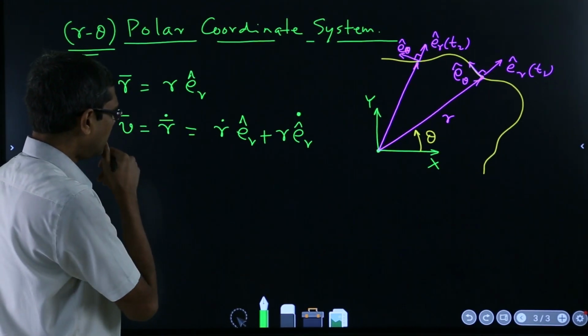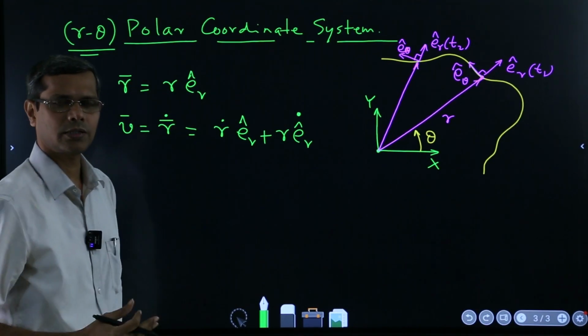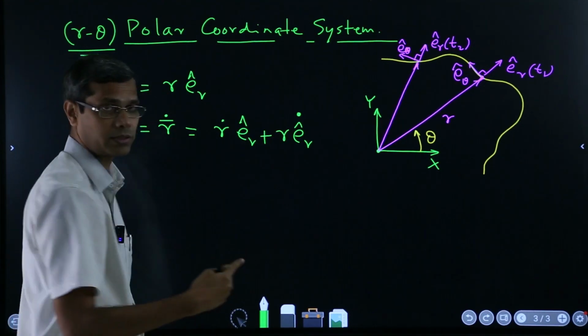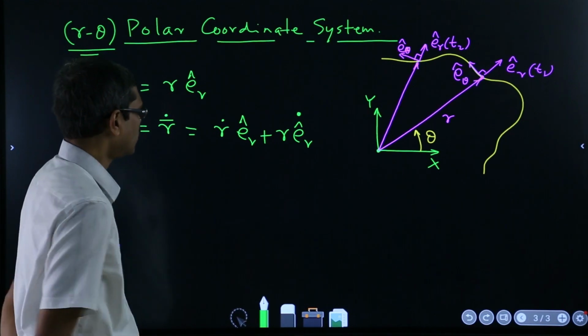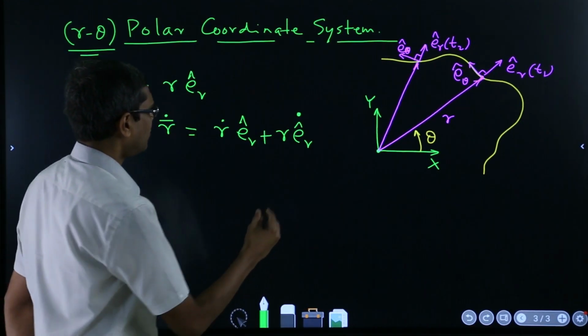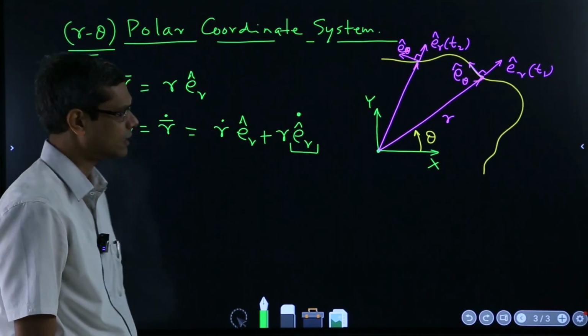Okay. But then a vector has to be represented in terms of only unit vectors, not in terms of unit vector and its derivative, right? So, that means this is not exactly the form which we require. So, somehow we have to figure out what this is.